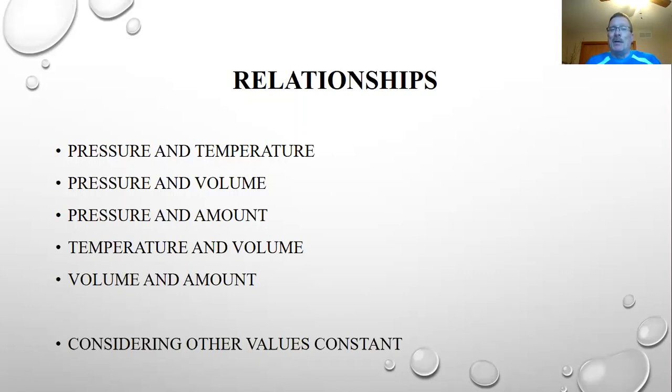And when you're comparing those two, you're considering that the other two are constant. Now, the one that's always easy to hold constant is the amount of gas, the number of moles. The others that aren't necessarily as easy to hold constant are the volume, pressure, and temperature, but they behave so well that you can consider them held constant. Okay. So that's where we're going to begin tomorrow.